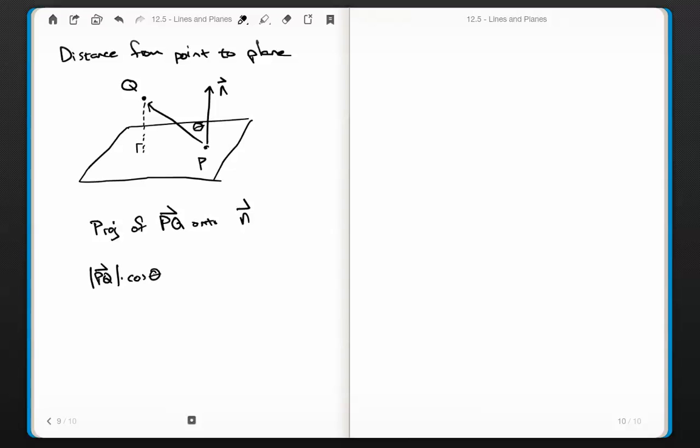I remember what that is. That has to do with the dot product. So I'm going to rewrite this as the magnitude of PQ times PQ dot N divided by the magnitude of PQ and the magnitude of N. So that gives me the cosine of the angle, and I think that's all I need to do, isn't it?